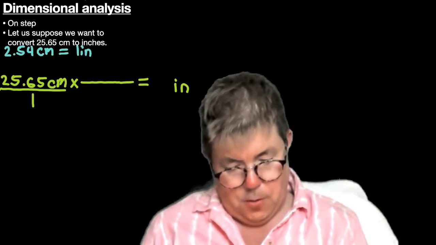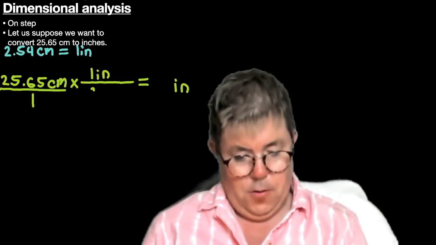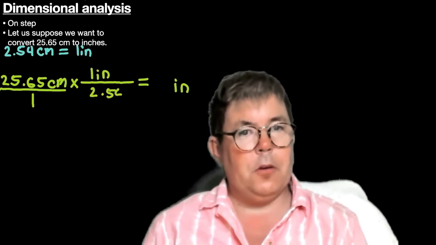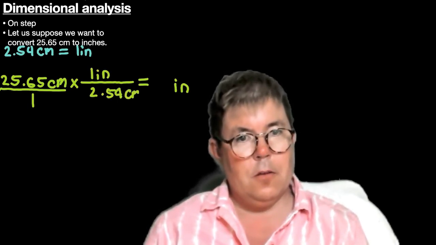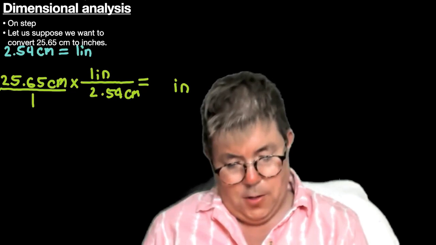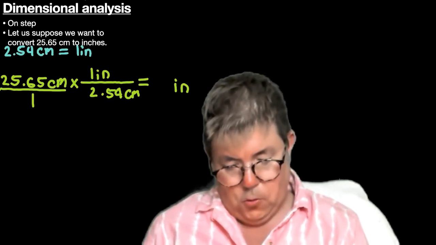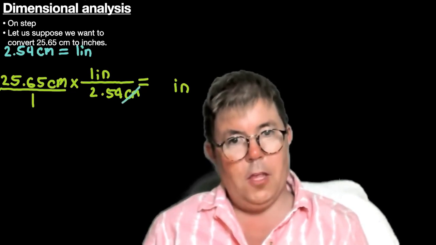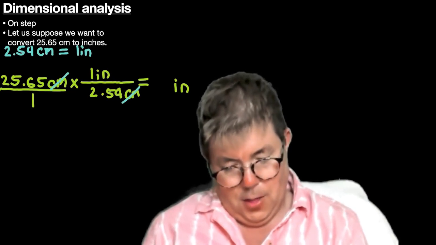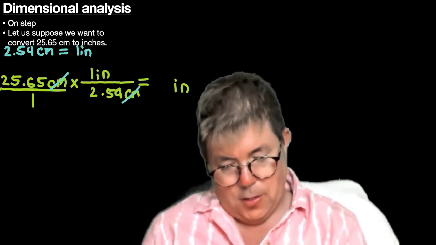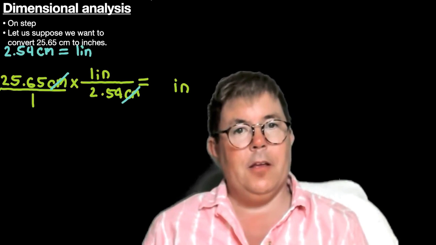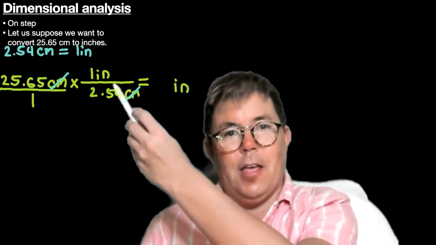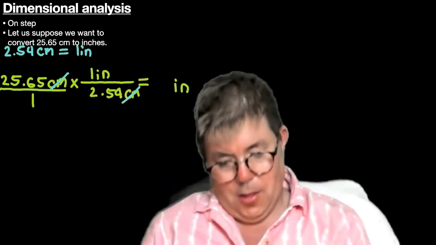What goes on the bottom is 2.54 centimeters. We should notice that the centimeters cancel, leaving us with inches, which is exactly what we wanted. We want inches, and the centimeters have canceled.